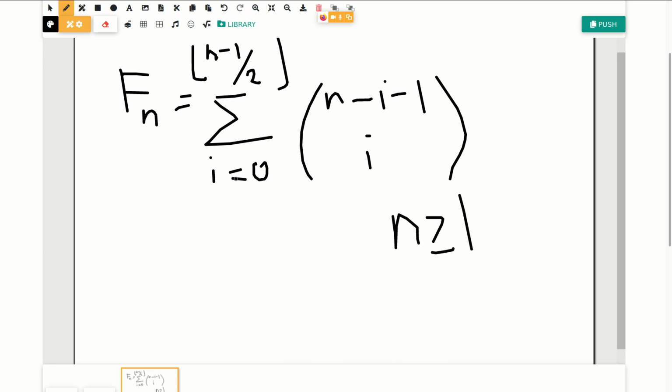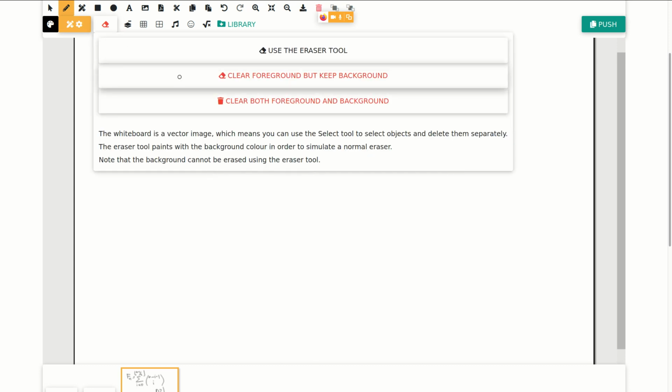Yeah, so the sum of these first terms, (n minus i minus 1) C i, is the nth Fibonacci number. So this is just a nifty formula. Let's move on to something much.